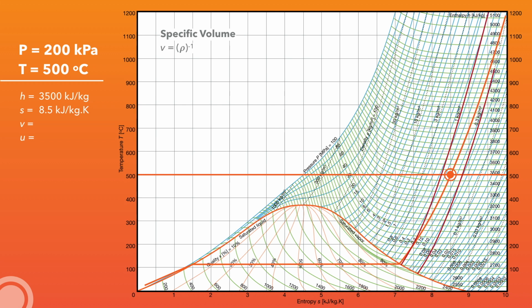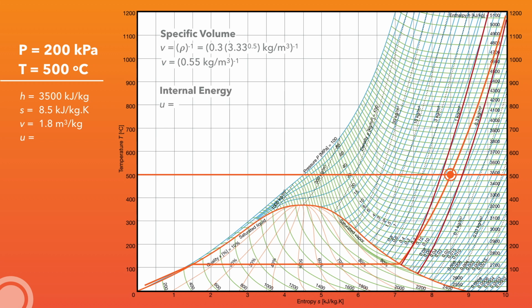Then, the density of our state is the lower density times the ratio of the 2 densities raised to the power that is the fractional distance from the lower reference to our state. Here, our state is about halfway between, and hence we raise it to the power of half. This gives us a density of 0.55 kilograms per meter cubed, which when inverted gives us the specific volume of 1.8 meter cubed per kilogram.